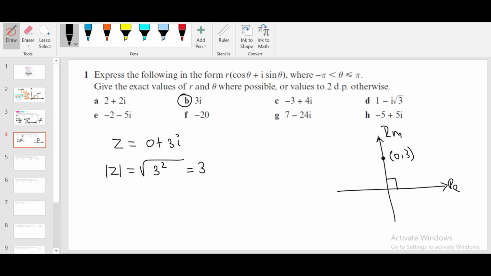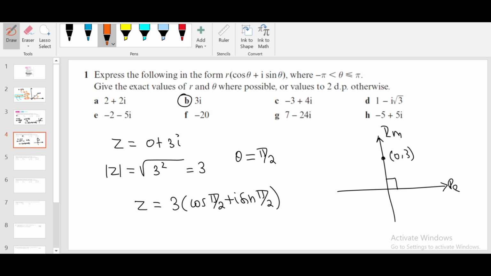So the angle is basically 90 degrees. So you don't need to calculate this, straight away write theta is equal to pi over 2. So you can write z as r times cos theta plus i sin theta.